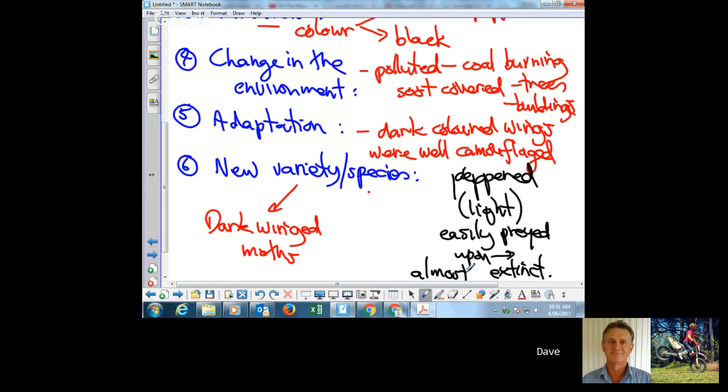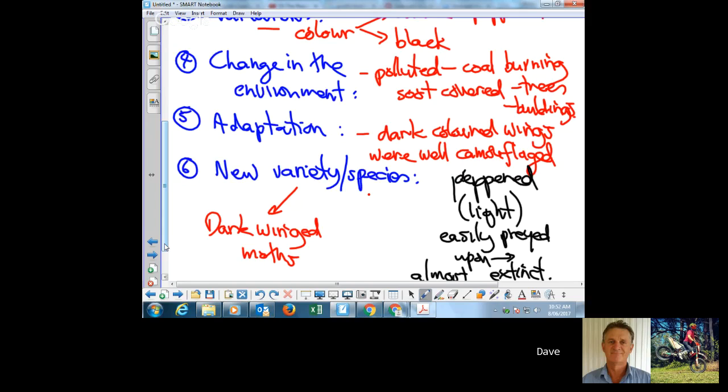So that's like setting out a description or a scenario about how natural selection may have happened for the peppered moths.